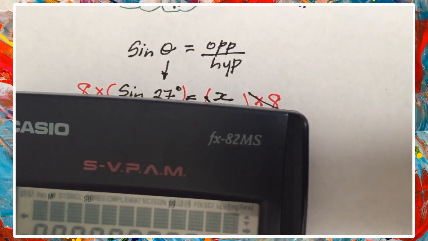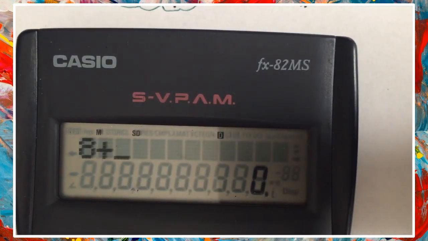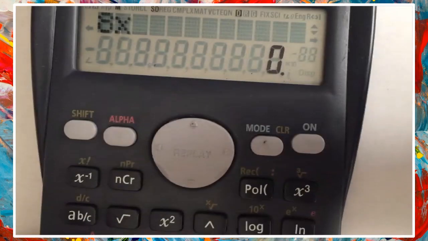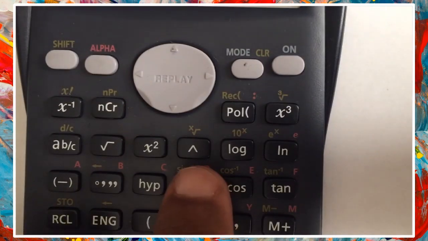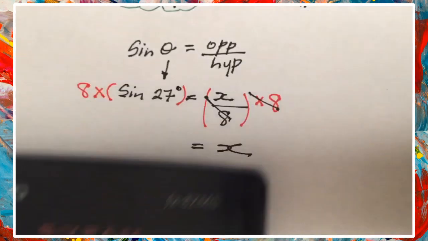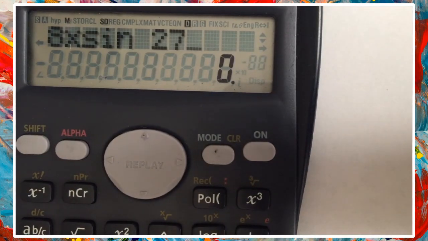So I'm going to put into my calculator 8 multiplied by sine, and this is the sine button. See here? It says sine. So you press sine, and we need to put in 27 degrees now. 27.